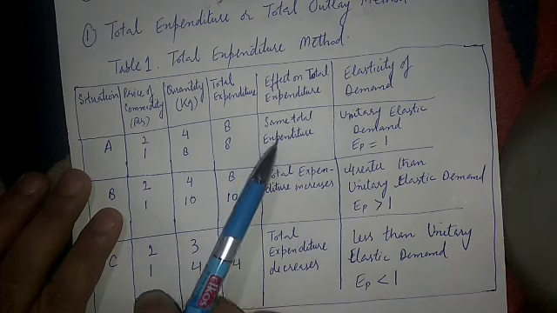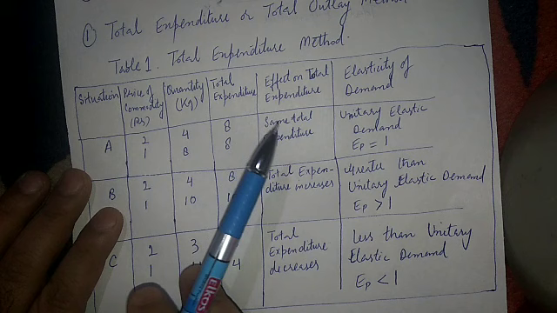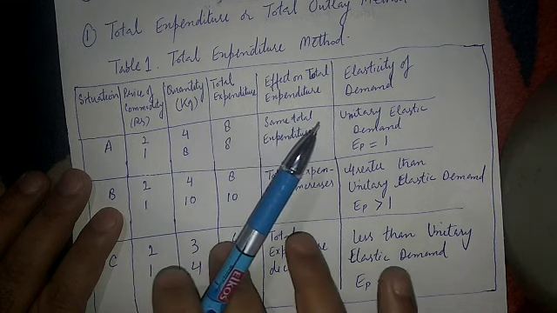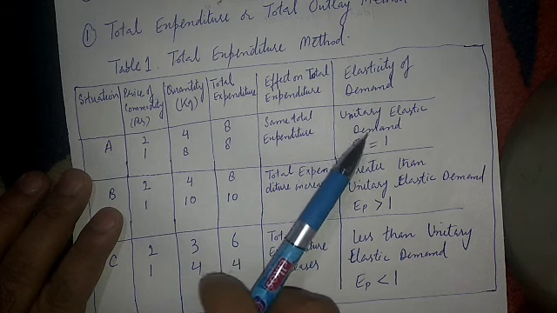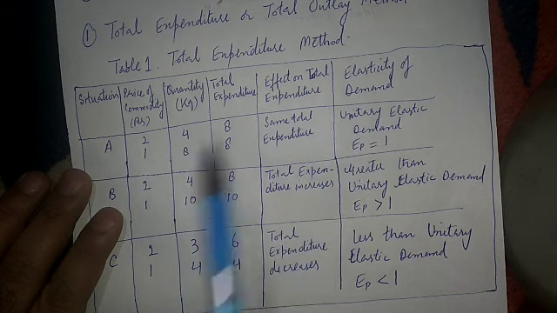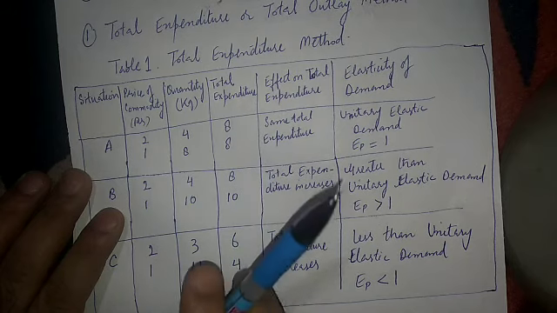And I have already given you the first situation: if the rise or fall in the price of a commodity makes no change in its total expenditure, then the elastic demand is unitary. Here the elastic demand is unitary because total expenditure is the same.